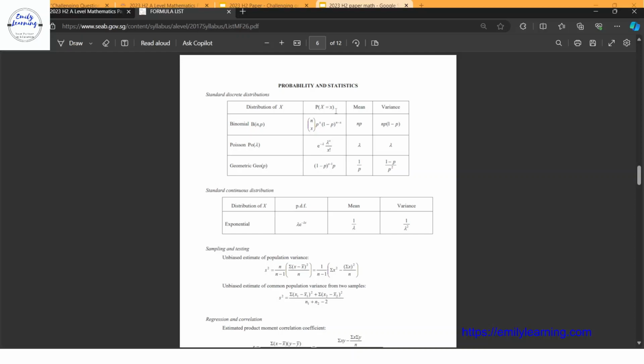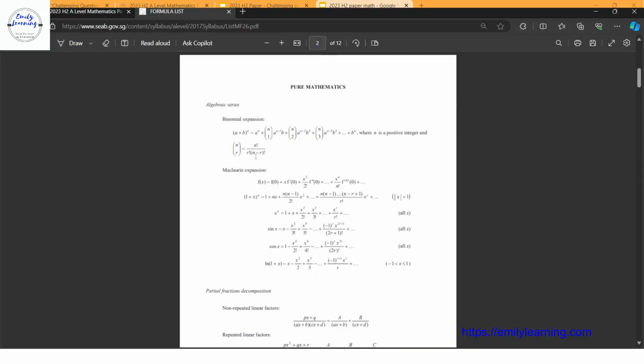For P of X equals x, it takes this formula, and in this formula there's this n choose x, so you also need to evaluate this. The formula to find n choose x can also be found in your formula booklet on page 2 here. So you'll be making use of these two formulas from your formula booklet in order to solve question 10b from the 2023 H2 A-Level Paper 2 question on binomial distribution.